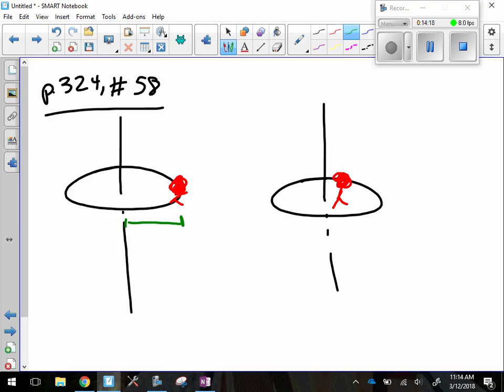So her R here, our student, is going to be what when she's out at the edge of the disc? Two meters. And her radius here after she walks is going to be what? 0.5 meters. Okay. So I have my initial situation and my final situation.